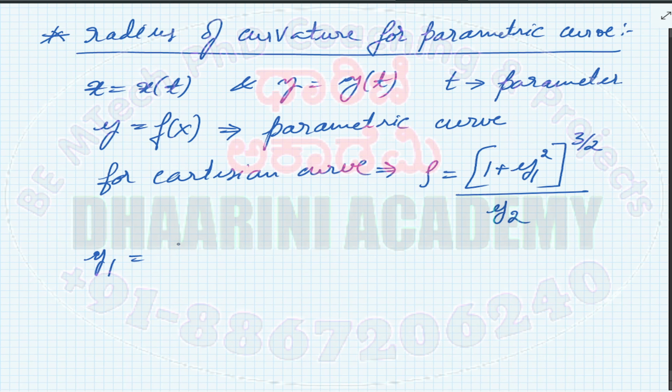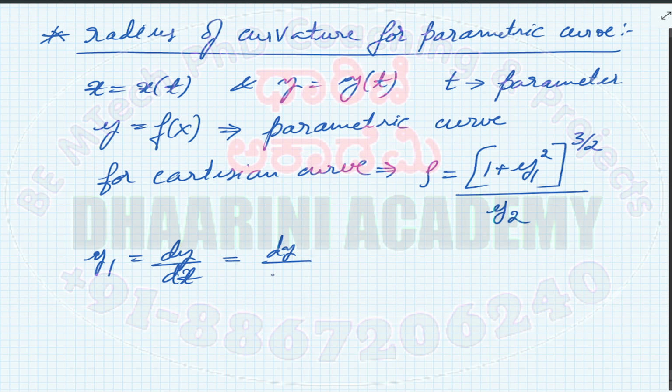So y1 is equal to dy by dx. So what is dy by dx? Now I need to do this in a different way, because dy by dx is not available directly, because y is a function of time and x is also a function of time. So because of that, I have to make a small difference in the way of representing this.